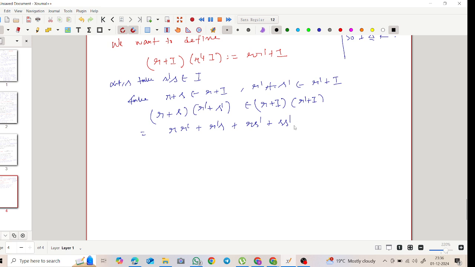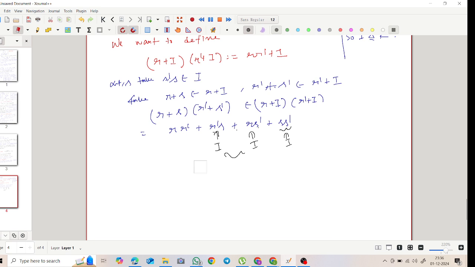So you observe that this is in I, right? But what about these two terms? This is in I and this is in I if I is an ideal, right?